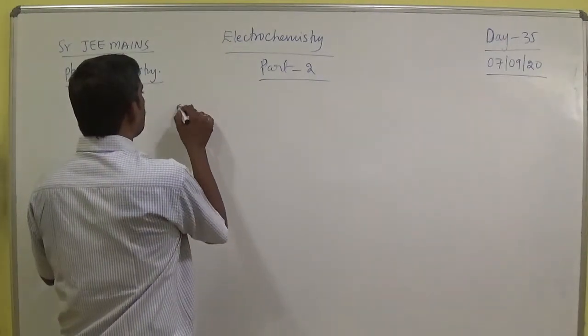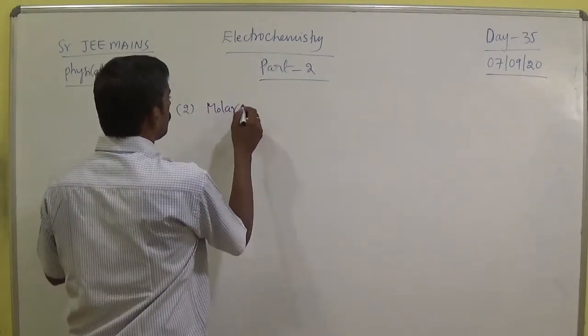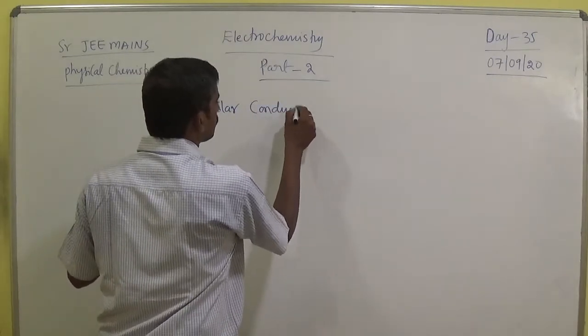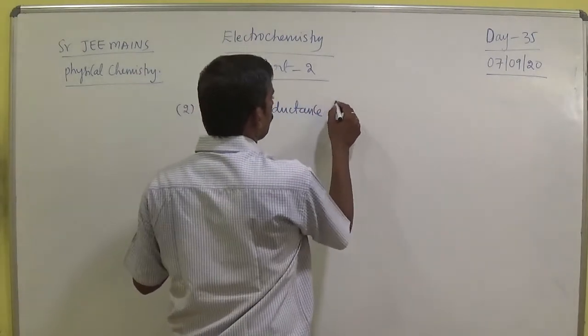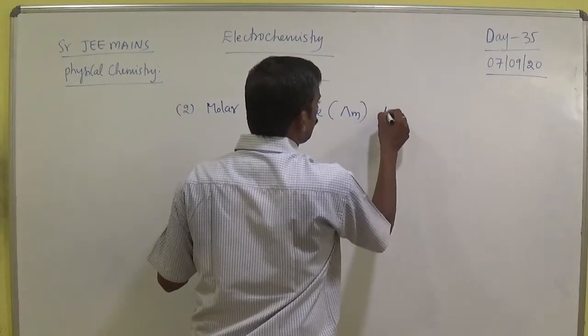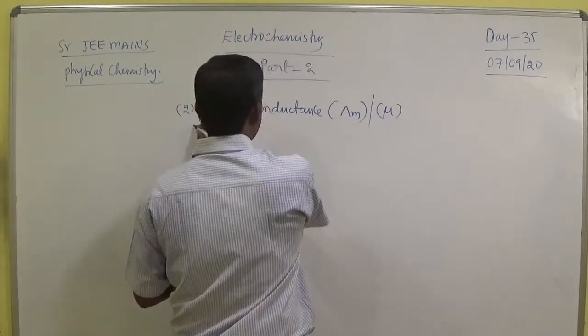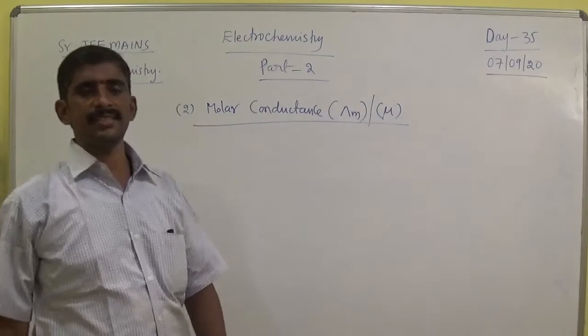The second one is molar conductance. The symbol is mu.